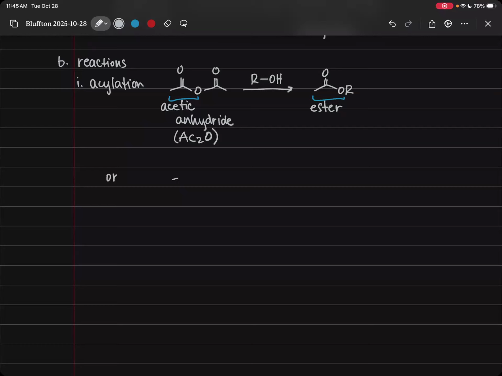We can also do a very similar acylation reaction with an amine.